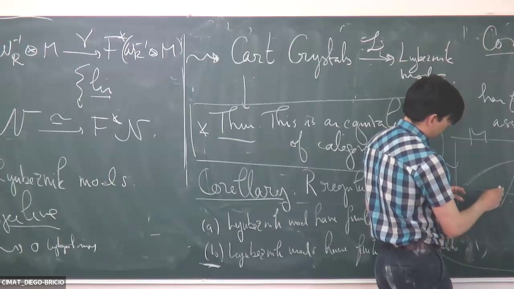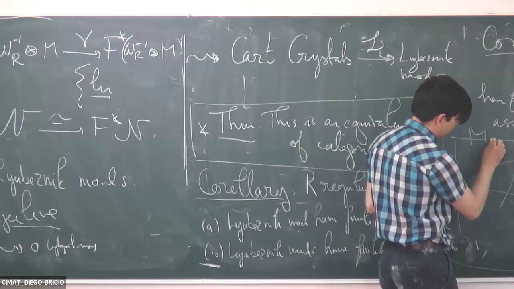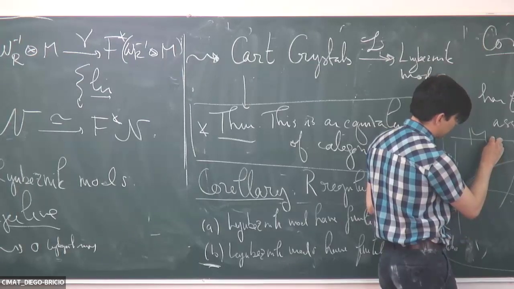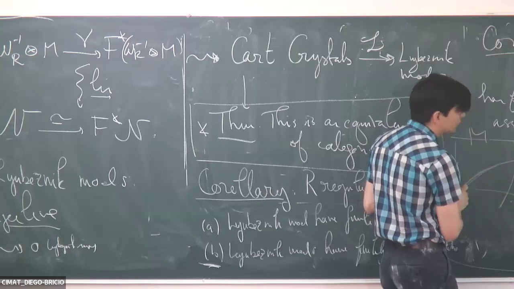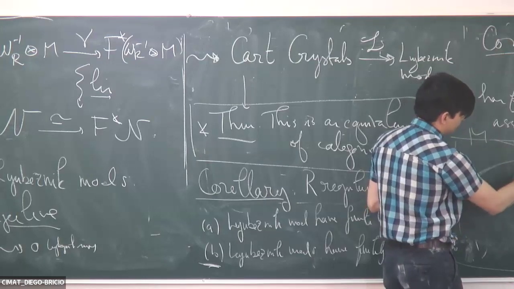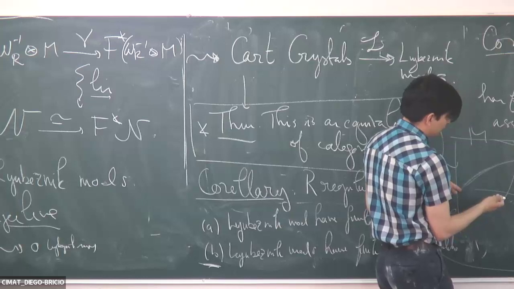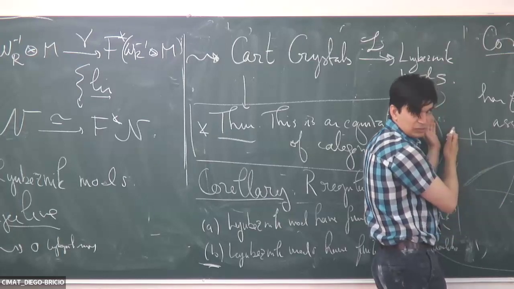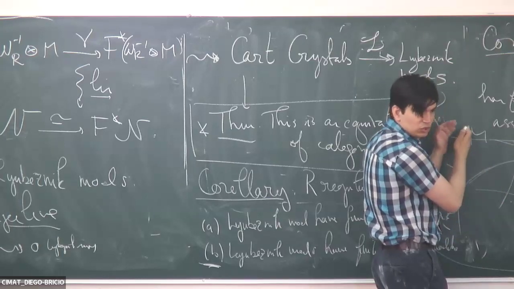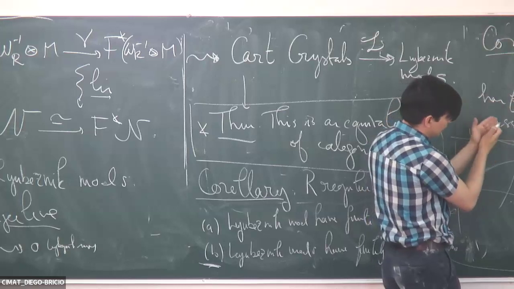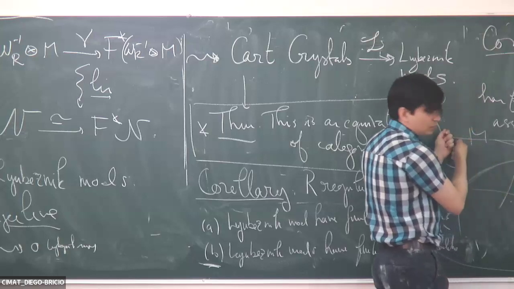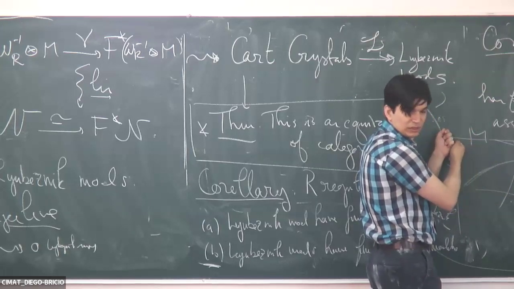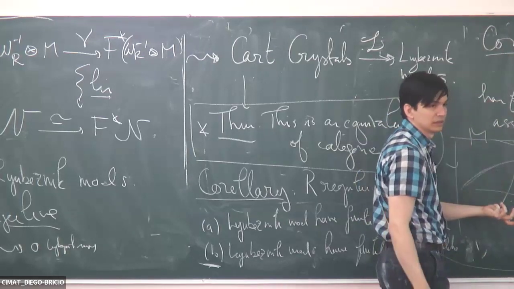The point is how you can hook up these sub-objects: you can restrict M to every single component, and that's going to be surjective. Then the kernel is going to be a sub-object. So every single associated prime is going to give you a sub-object by this process, and those sub-objects have to be finitely many.